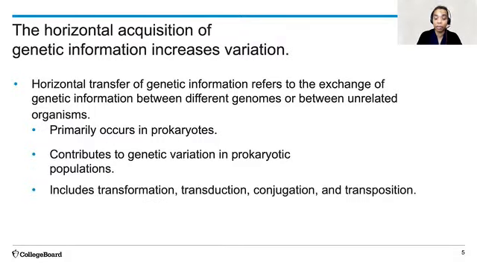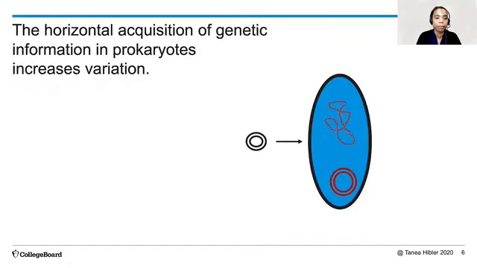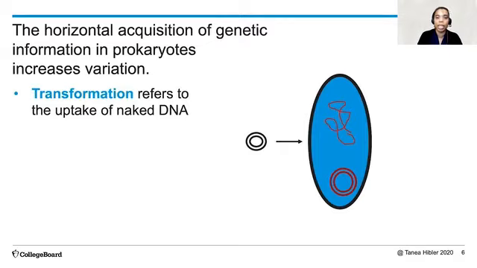This includes transformation, transduction, conjugation, and transposition, of which we'll look at some examples. The horizontal acquisition of genetic information in prokaryotes increases variation. Transformation refers to the uptake of naked DNA.